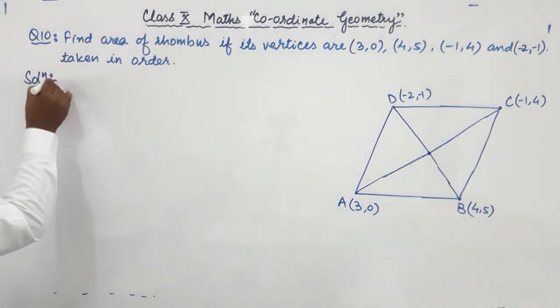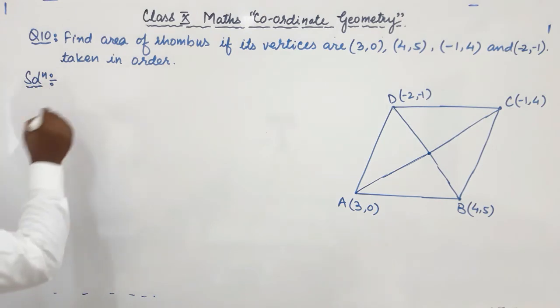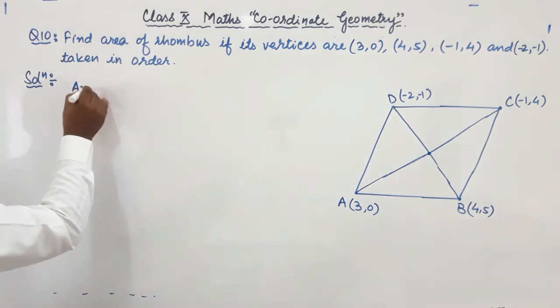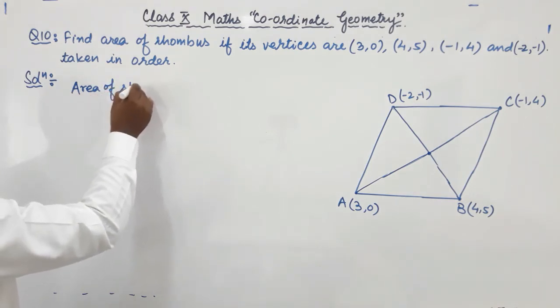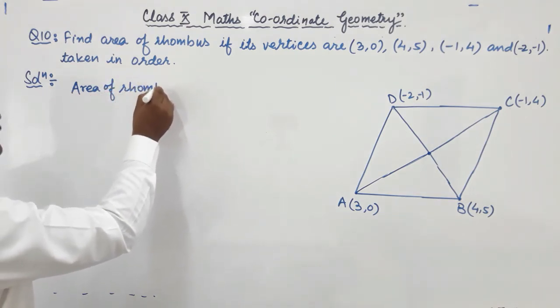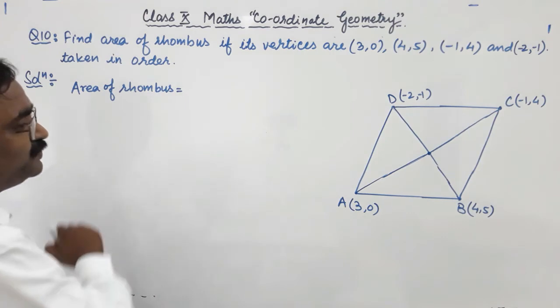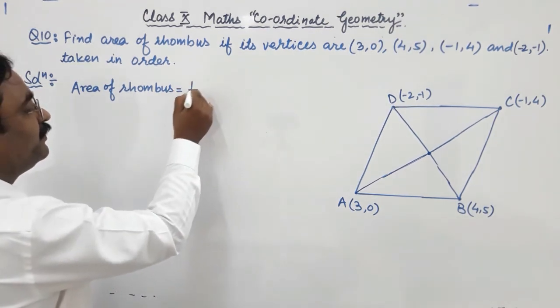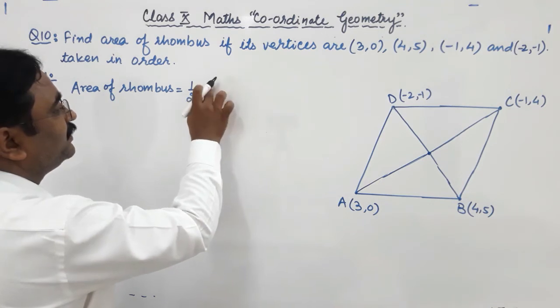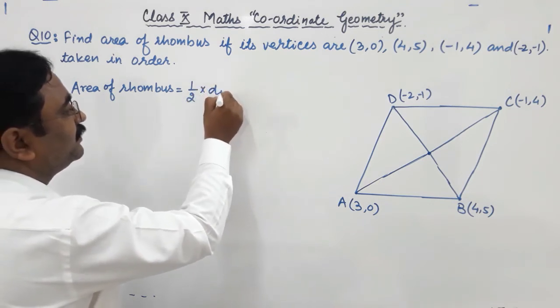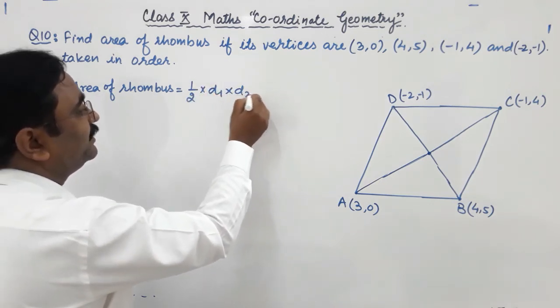as we are discussing how to get the area of the rhombus, the formula I told you: area of rhombus is equal to half multiplied by diagonal 1 into diagonal 2.